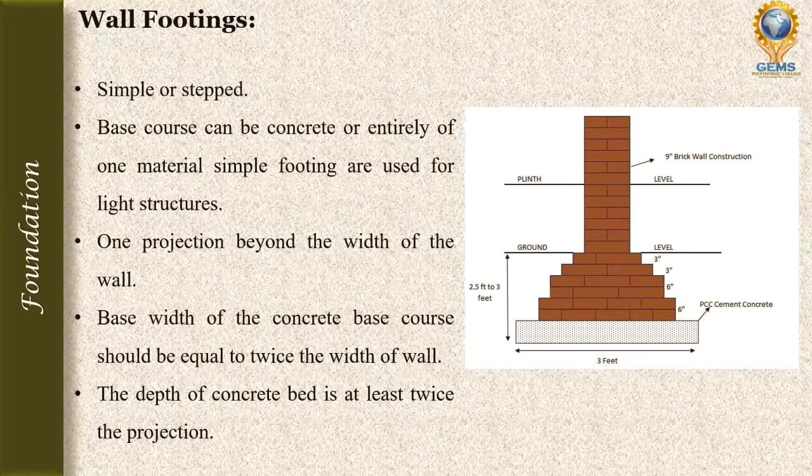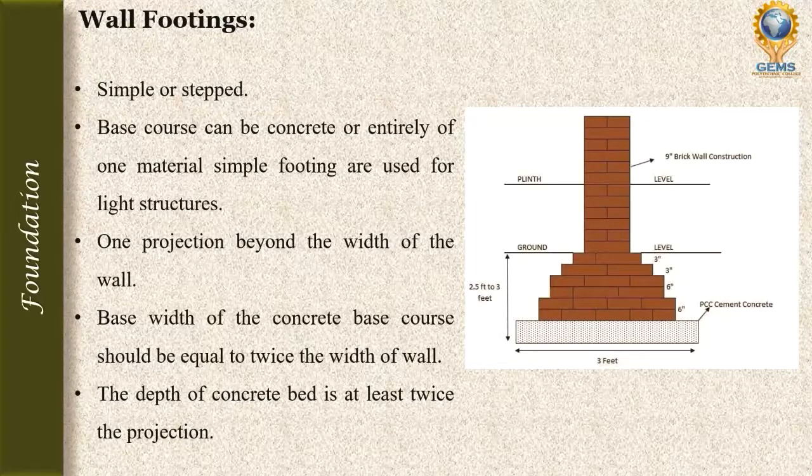Let's start with the wall footing. This wall footing can be either simple or stepped type. The base course of this footing can be done in concrete, or it can be done entirely of one material. These simple wall footings are used for light structures only.